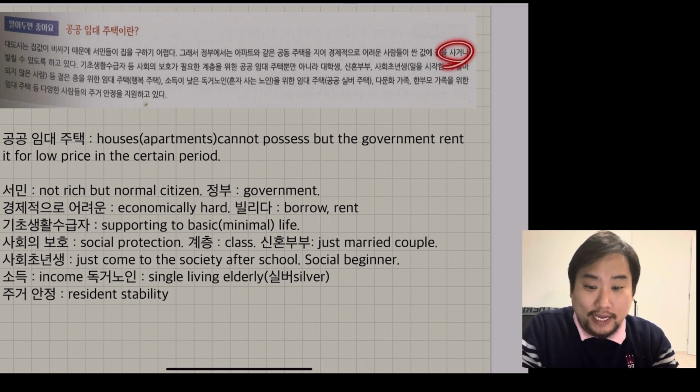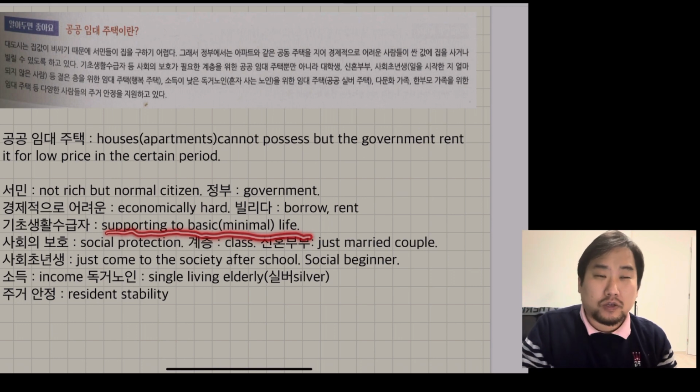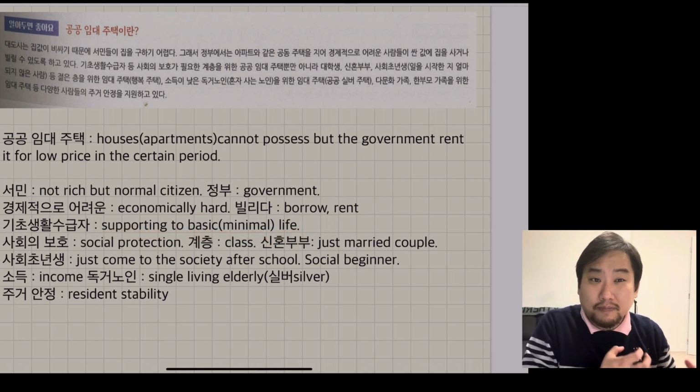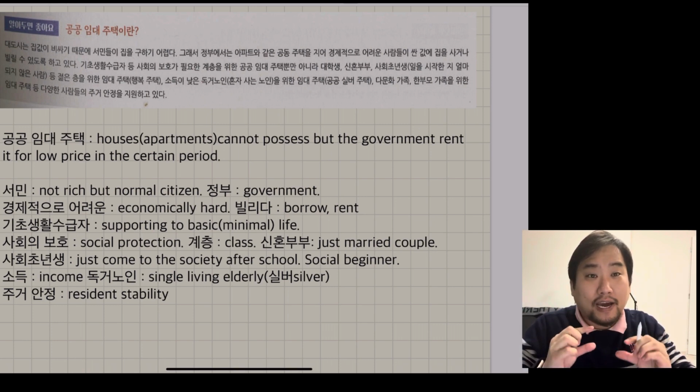But here, you could buy it or rent it. 기초 생활 수급자 is supporting the basics. It means a minimal life. So the government supports an amount of money or some benefit to maintain a minimal life as a human.